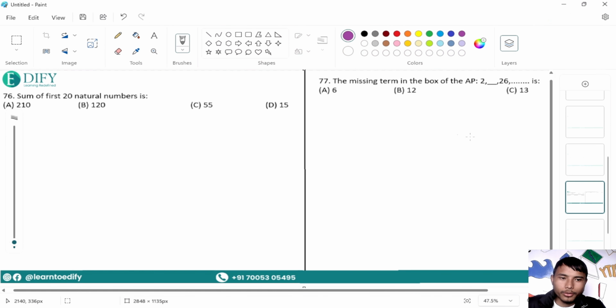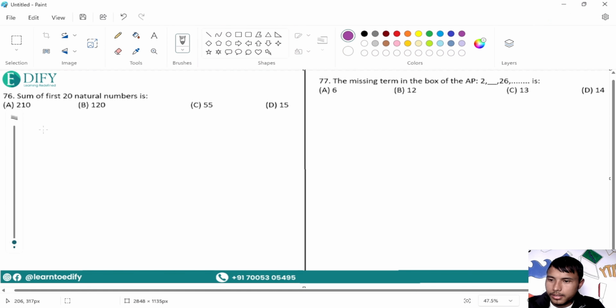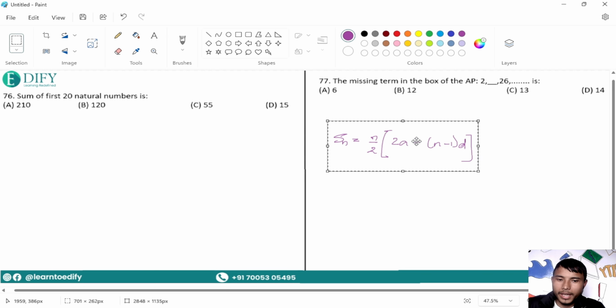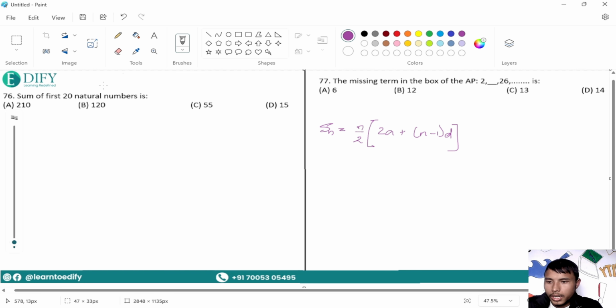Okay. Question number 76. The sum of the first 20 natural numbers is what? So we use the formula of the sum: Sn is equal to n by 2 times 2a plus n minus 1 d. This is the formula to find the sum of n terms. Here we have 20 terms, so given n is equal to 20.